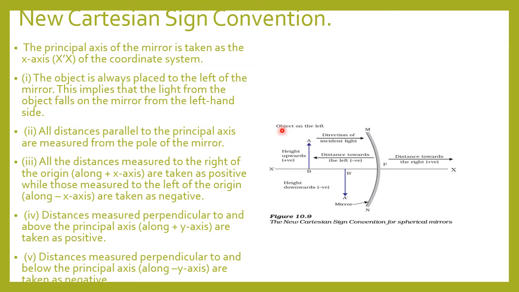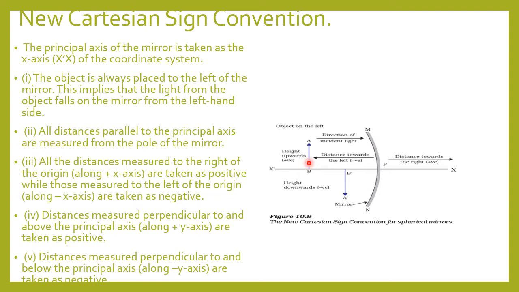So remember, if this is a mirror, the object has to be always on the left side of the mirror. This implies that the light from the object falls on the mirror from the left hand side. So any light ray will fall from the left hand side on the mirror. That is how it should be. An object also should be on the left side.